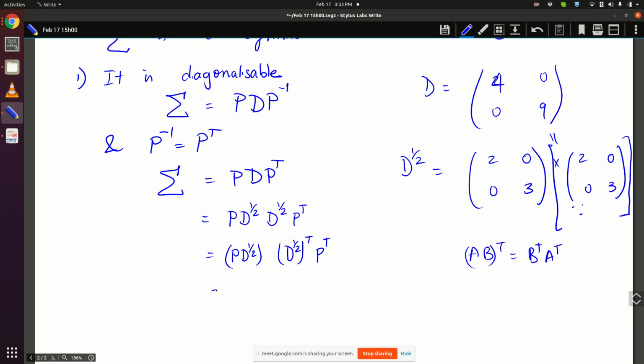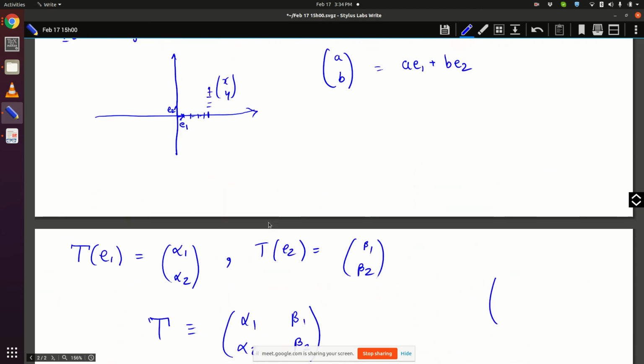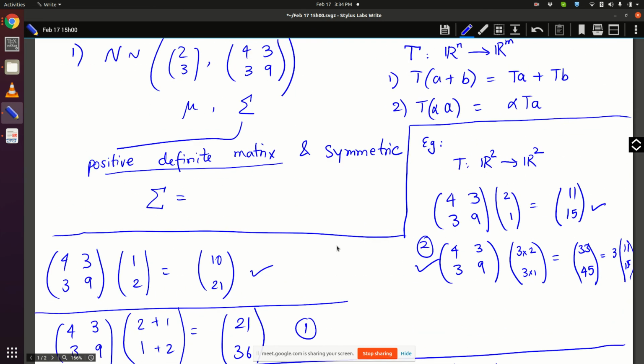So this becomes P D power half times P D power half transpose. What I am saying with all this calculation is that if you have y equal to Ax plus mu, your A can be chosen in this manner.